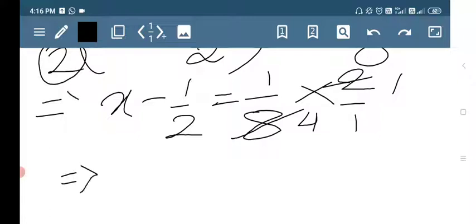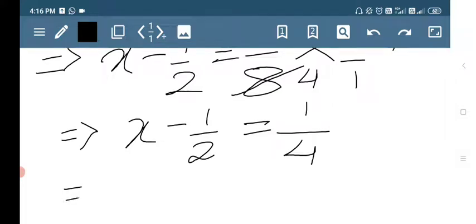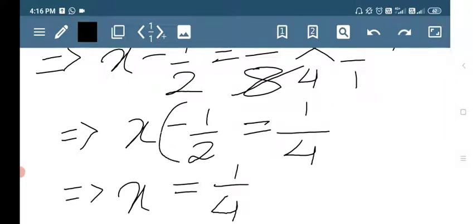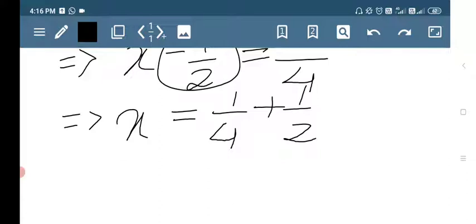This implies x minus 1 by 2 is equal to 1 by 4. If you send minus 1 by 2 to the RHS, it becomes plus 1 by 2, because it is in subtraction, it goes to the RHS and becomes addition.